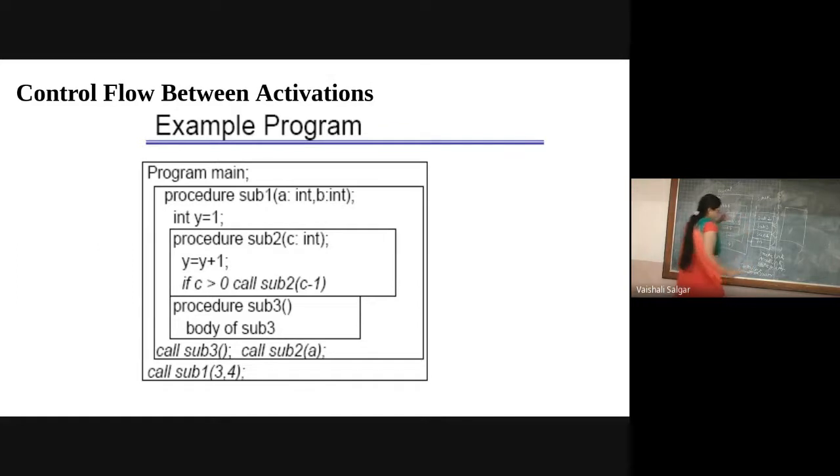Now see, my control link or dynamic link, as the name indicates, during the execution time, is going to point to the activation record of the caller. So sub 1 is, who is the caller of sub 1?